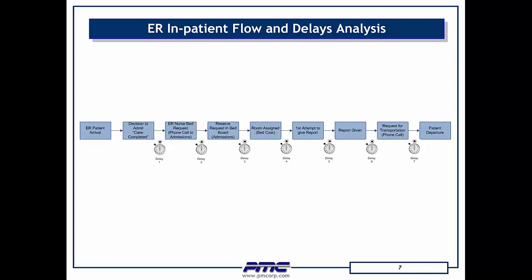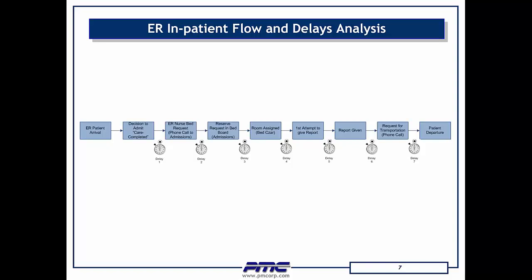Once the report is given to the respective RN at that admitted level, a request for transportation is called in. Once the request is made, again there might be a delay. Then the patient departs from the ER and gets admitted into any of the admitted floors.